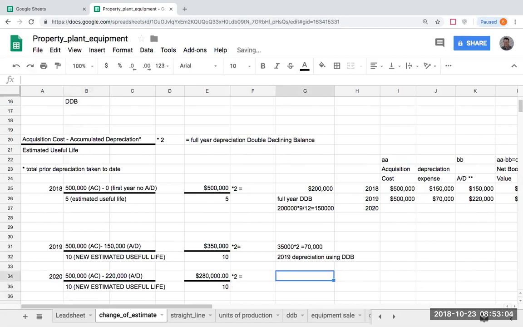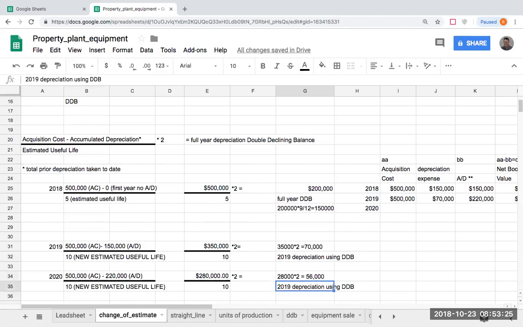And so for 2020, this is going to give me 28,000, or 280,000 divided by 10 times 2, or a total here of 56,000. So this will be my 2020 depreciation using double declining balance.